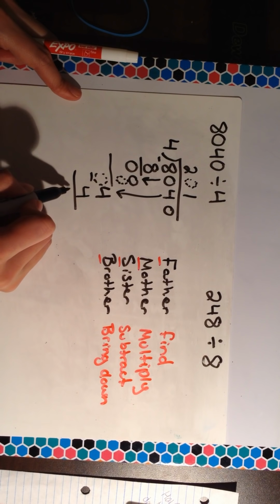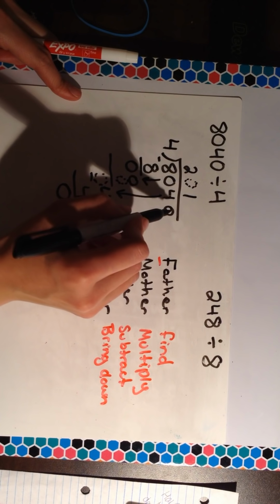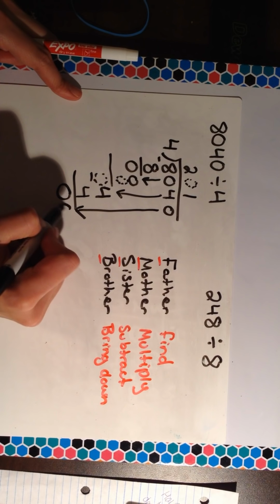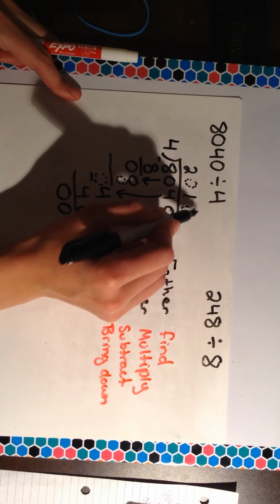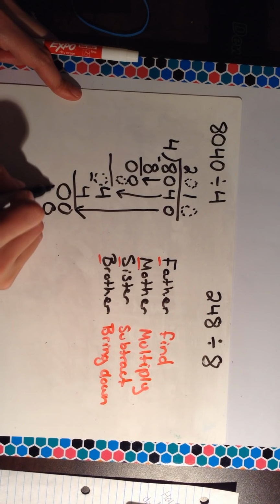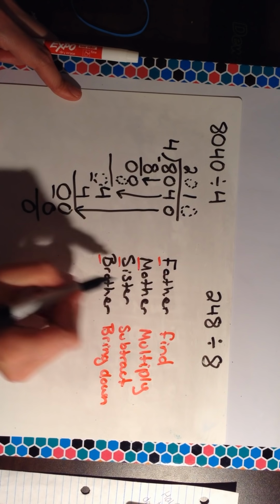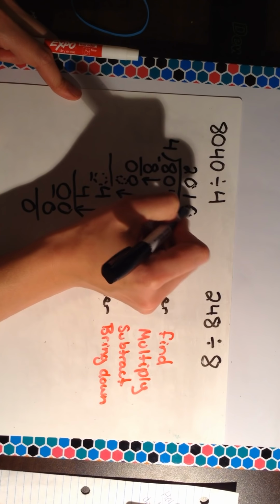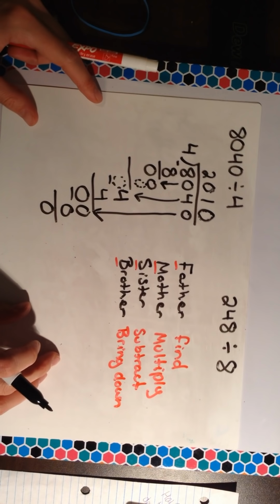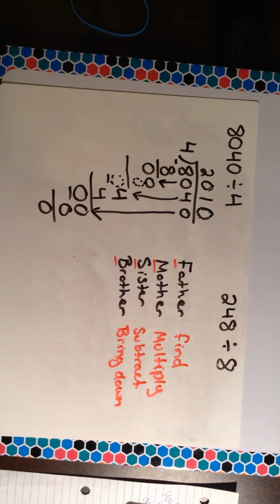Sister, subtract. Brother, bring down. And in this case, there is more to bring down. 4 goes into 0 0 times. 0 times 4 is 0. Now there's no more brothers to bring down, so I would fill in my zeros completely here, and I would have a completed answer.